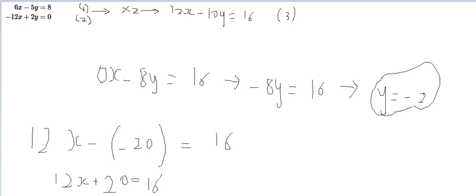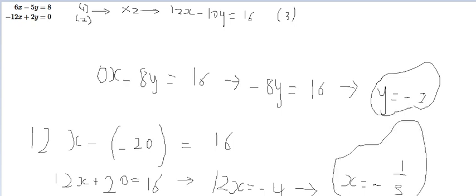If we take the 20 to the opposite side, 12x is equal to 16 minus 20, which is minus 4, and we can easily solve for x, which is negative 1/3. And this is the solution for x.